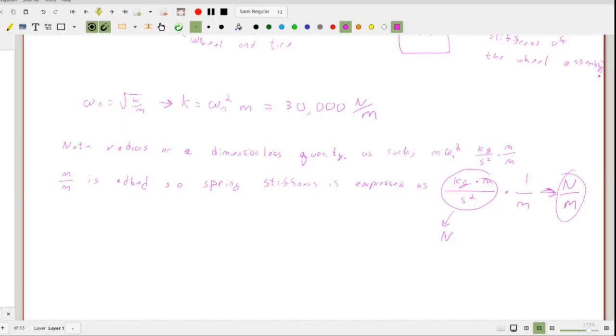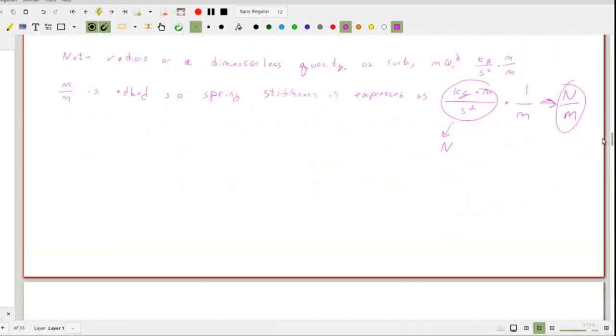Let's talk about a general solution for vibrating systems. Oftentimes in mathematics, we want to get the most generalized solution that we can.